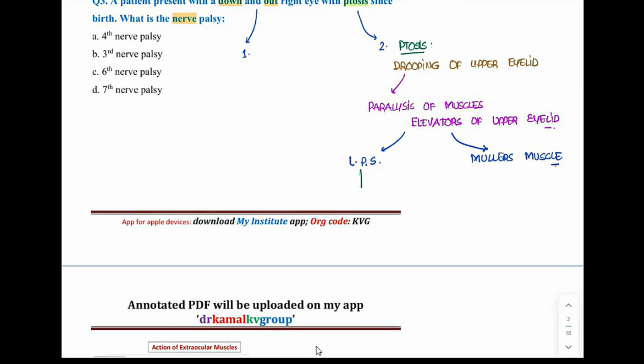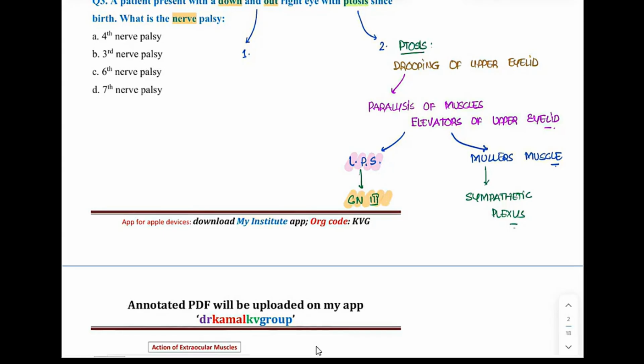The nerve supply of levator palpebrae superioris is oculomotor nerve, and Muller's muscle is supplied by sympathetic plexus. Clear? So this is sympathetic plexus. So it means either of the two is paralyzed. Obviously, this one is much bigger as compared to the Muller's muscle. So this is classically indicating towards the possibility of third oculomotor nerve palsy.